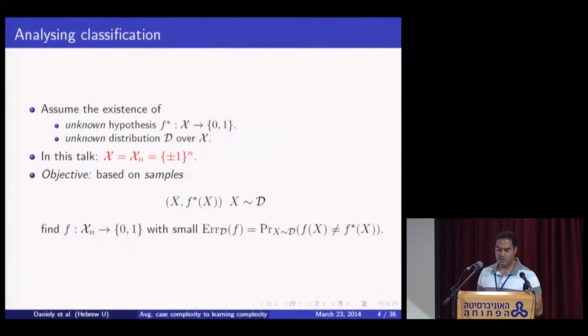And here the error is defined as follows. The error of the function f with respect to the distribution D is the probability that f of x is different from f star of x, where x is sampled from the distribution D. So based on such samples, we want to find a function f that has a small error.